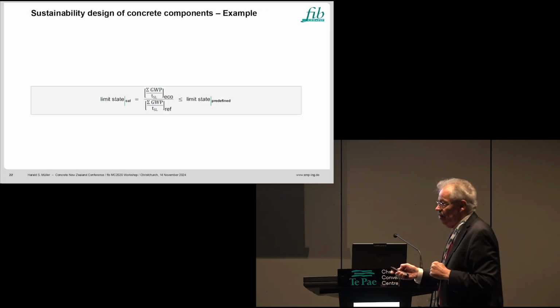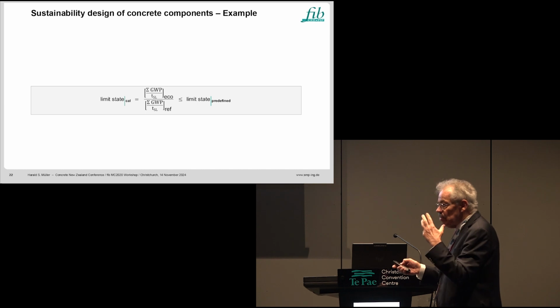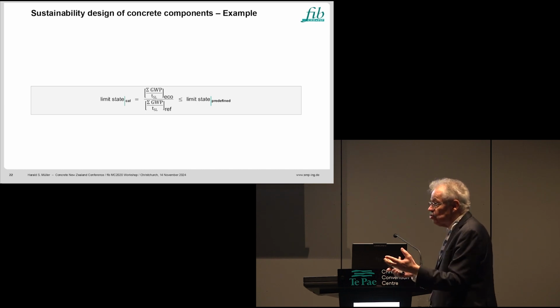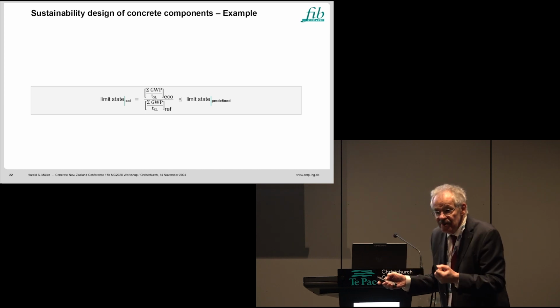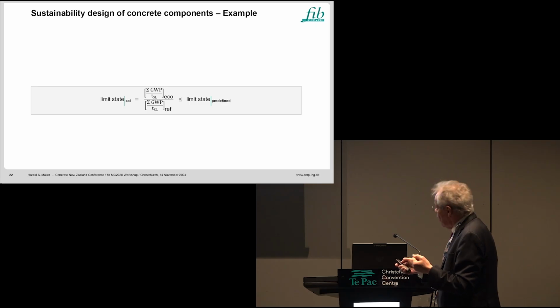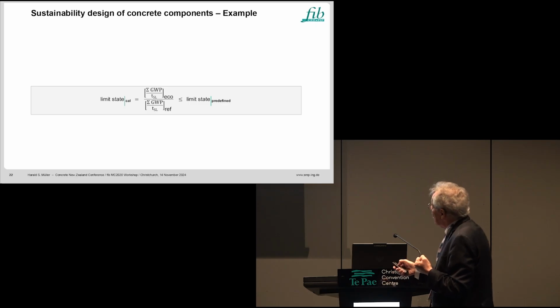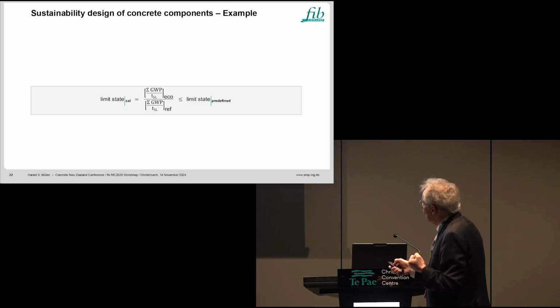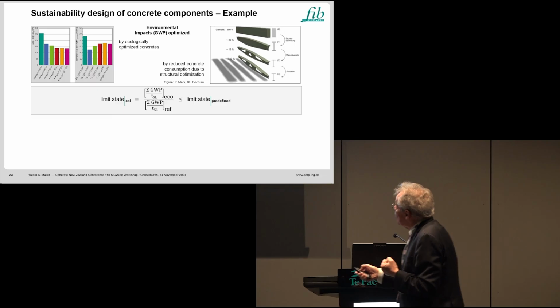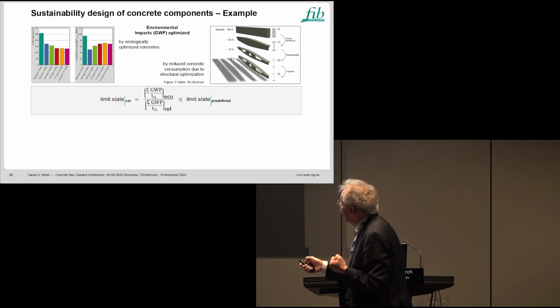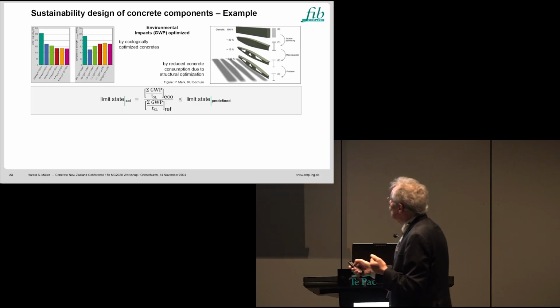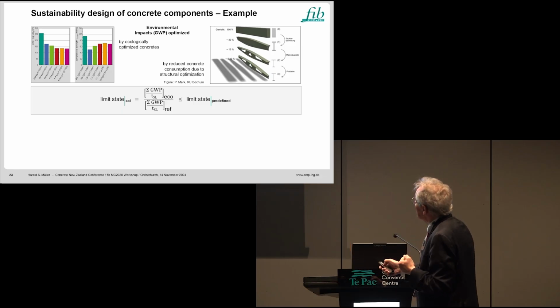This is again this design equation, the basic simple version which can be further optimized, of course. And look to the input. Here we have the eco-concretes to be looked at. You have first to develop your concrete. This is shown here, different kinds of concrete. CO2 emissions are given here, and you have to look for the best one related to CO2 emissions and then use here in the equation.